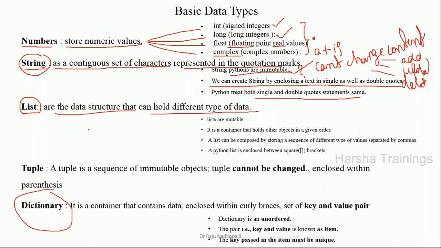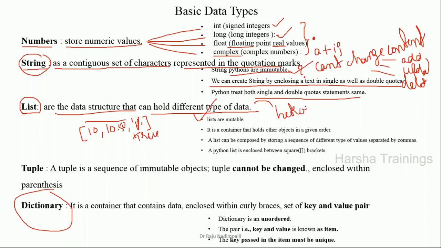In order to create a list I will use square brackets, and here I can take an integer, a float like 10.50, a string, or a boolean like true. That means list is a data structure which can hold any kind of data. That is called heterogeneous data.